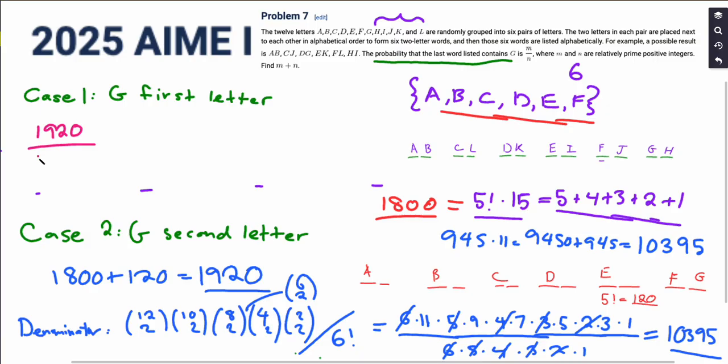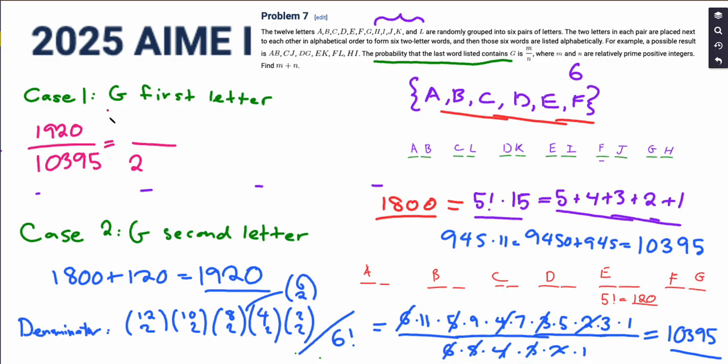1920 over 10395. Here, it may not be entirely obvious what to divide it by, but it is quite obvious that we can divide both top and bottom by 5. So we have 2079 on the bottom, I believe.